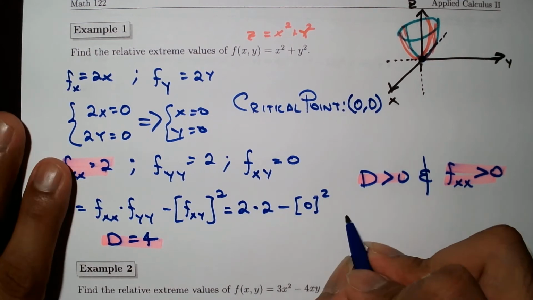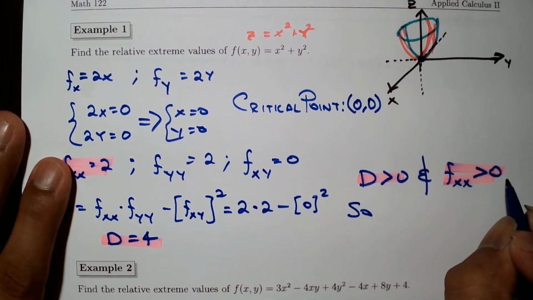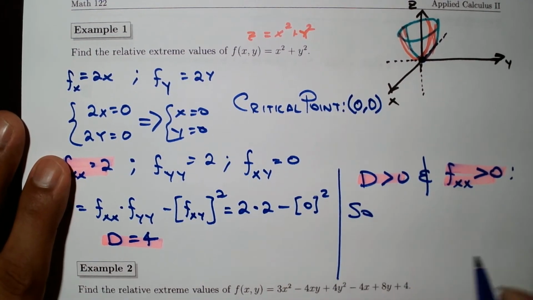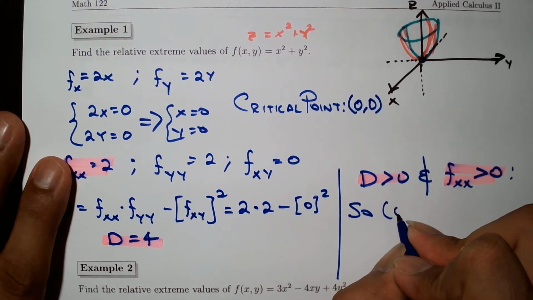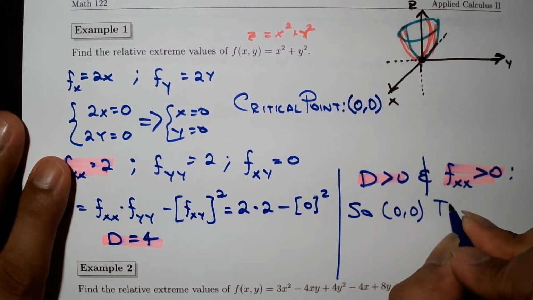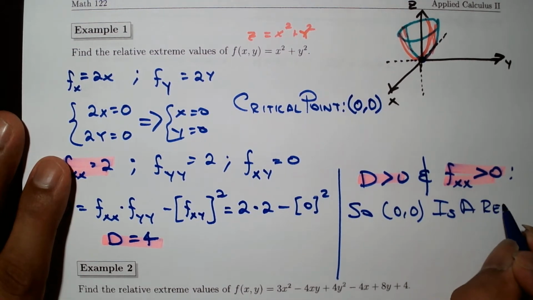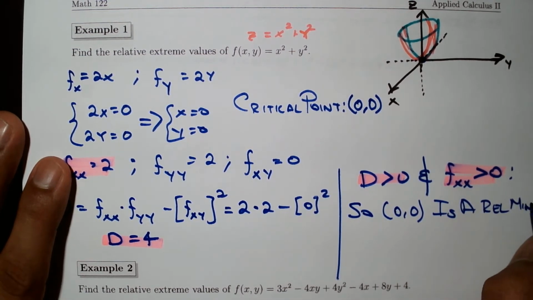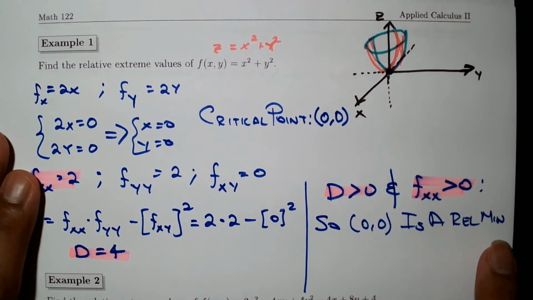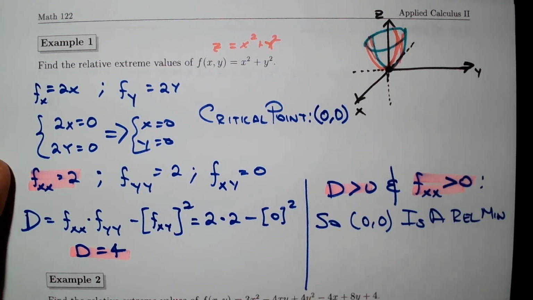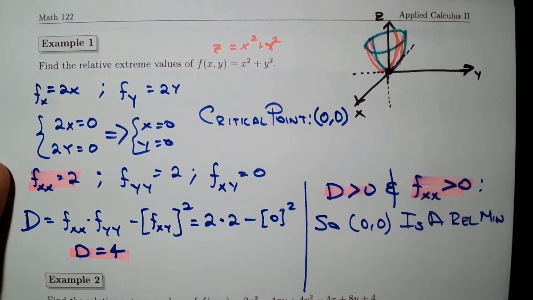So the point (0, 0) is a relative minimum. Now, do you see anything inconsistent with the picture I got here?